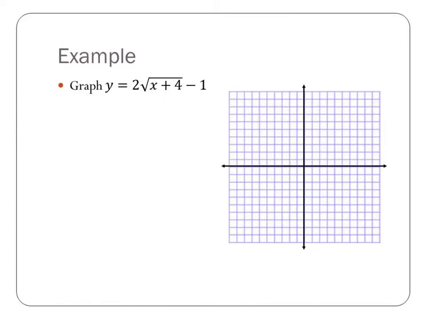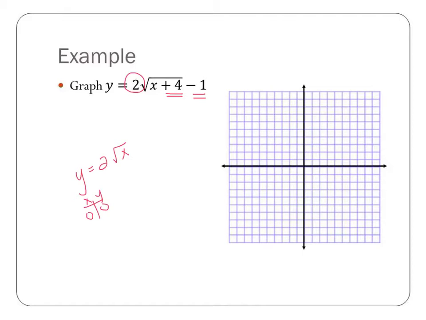Okay, so now this one, I know I'm going to move left 4, down 1, but I have this 2 in the beginning, and so we need to consider that 2 first. So if we look at just the parent graph, in square root you're going to look at 2 points, 0 and 1 for x. If we look at 0, we're going to get 0.